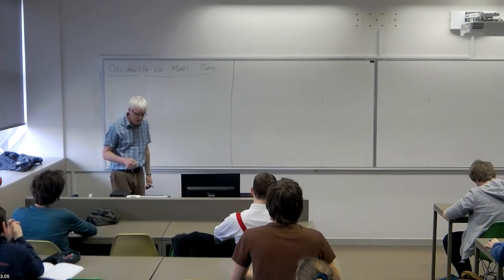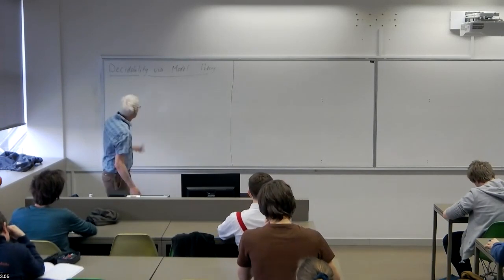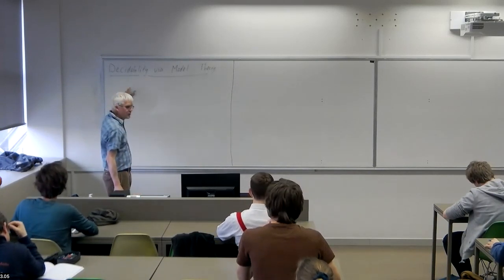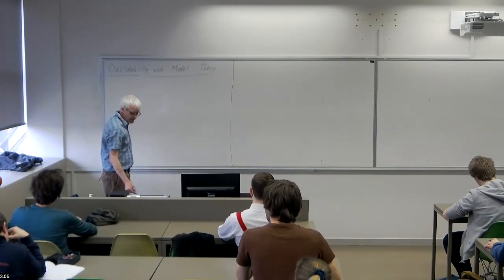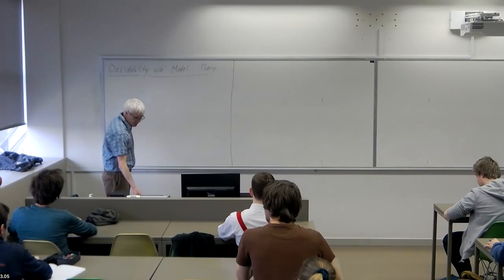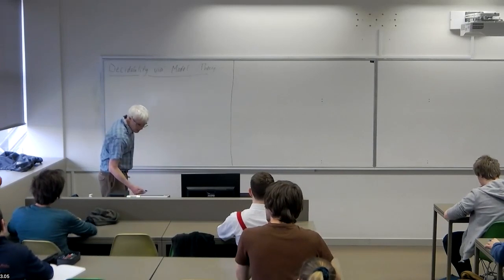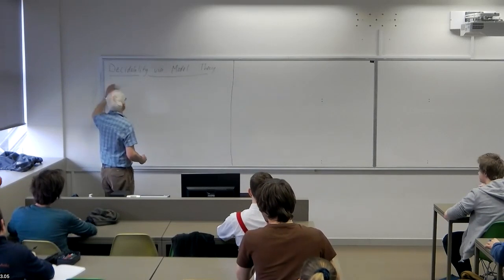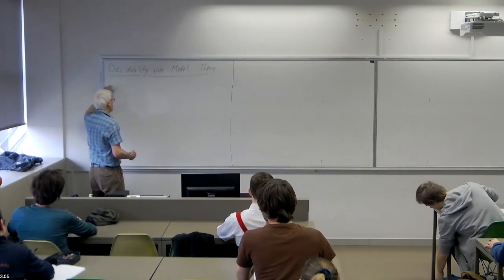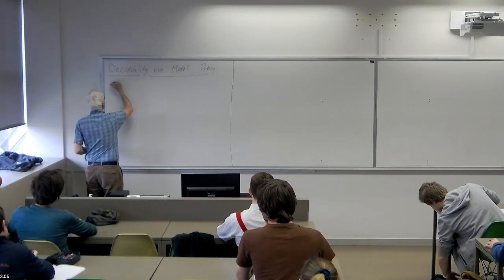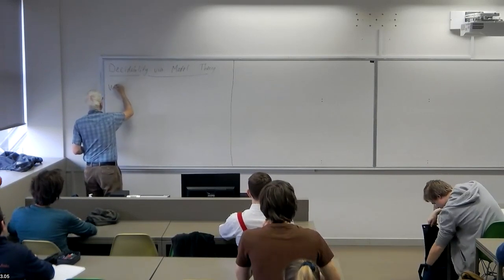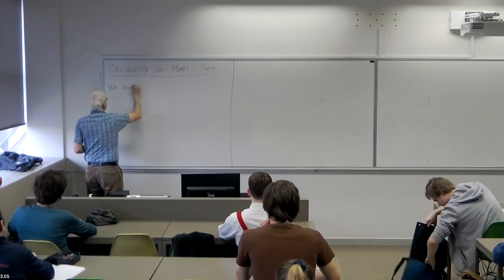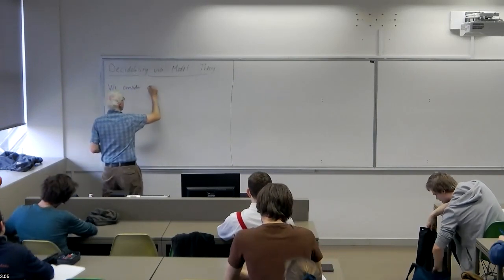For our purposes, we don't want to go into that level of detail, but I do want to be a bit more specific than we've been so far. So I'm still going to keep the notion of algorithm informal, but let me clarify a bit the sort of thing that an algorithm does. So we're going to consider algorithms.